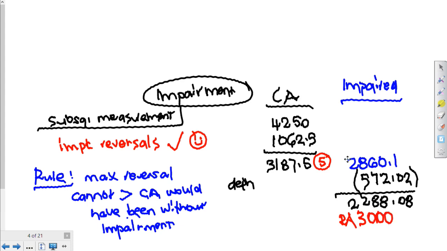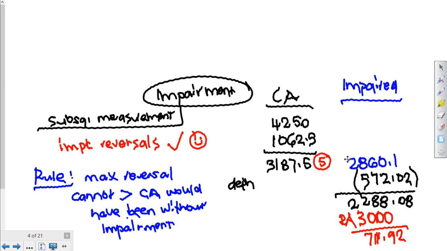So initially your thought would be, let me reverse impairment. If I had to reverse impairment, the reversal of impairment would be about 700 odd. $711.92.